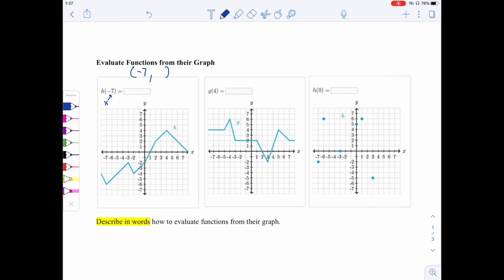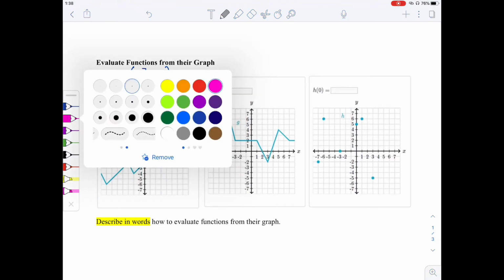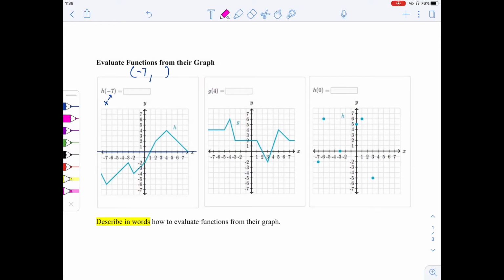So let's look at our graph. When is x negative 7? Remember, this is our x-axis, our horizontal axis, and we go to negative 7. Here are our x values straight up and down, and we see where it intersects.